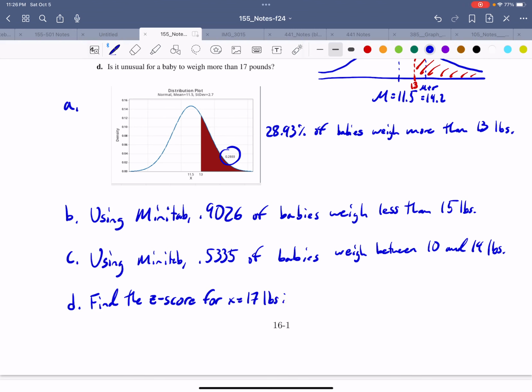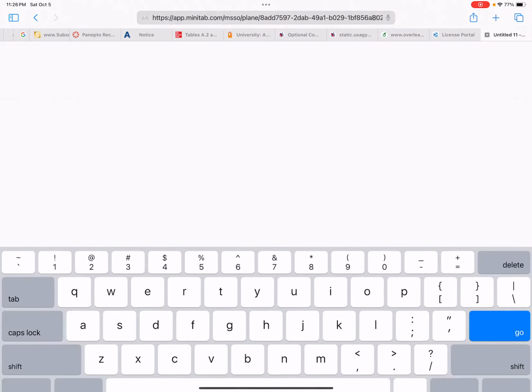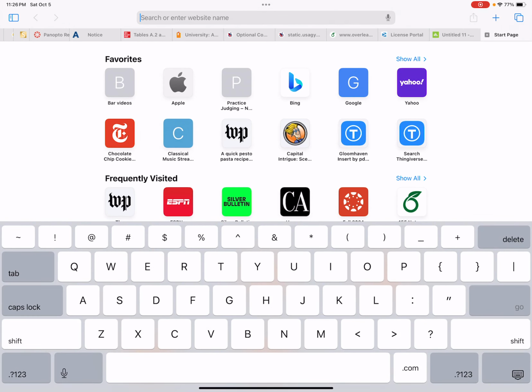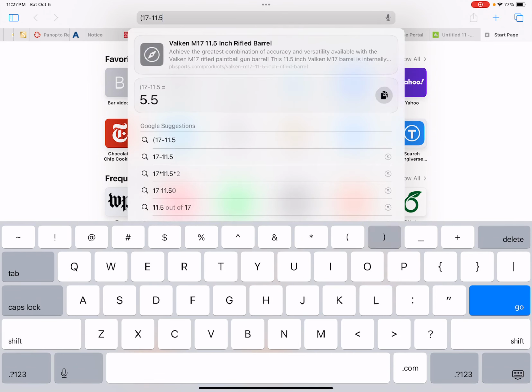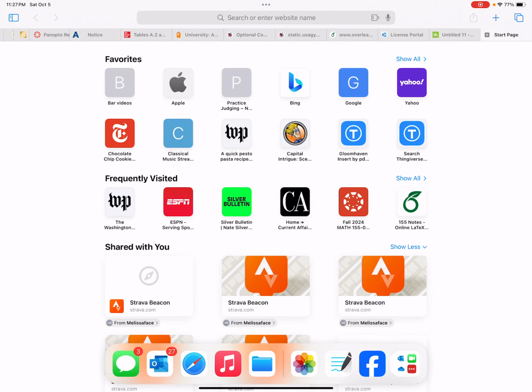That's not going to be too bad. We just use the formula. Z equals 17 minus 11.5 all over the standard deviation, which was 2.7. We do that out, and that's a little over 2 standard deviations above the mean. But let's see if Google will let us do that. 17 minus 11.5 divided by 2.7, 2.04, let's say. Okay, 2.04.